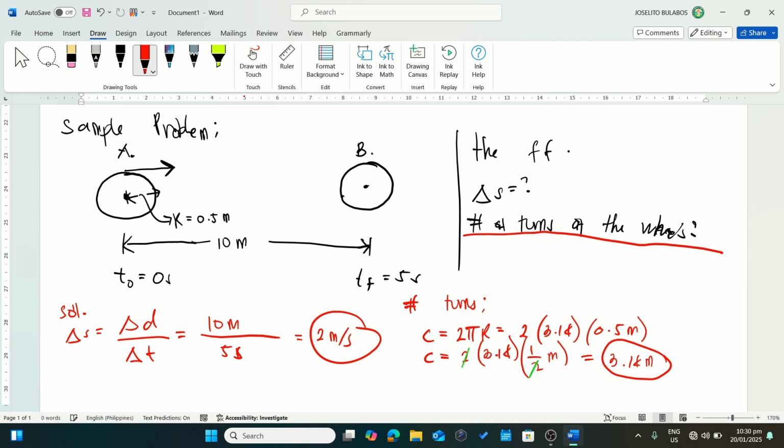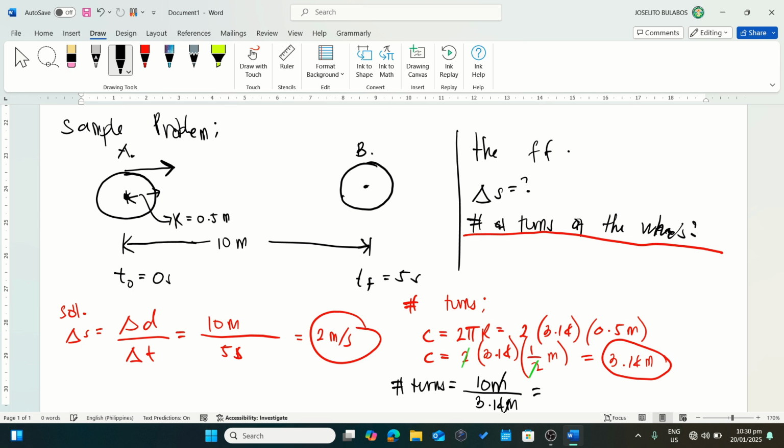So the number of turns must be the total distance divided by the circumference. Finding the total number of turns, the number of turns must be 10 meters divided by 3.14 meters.